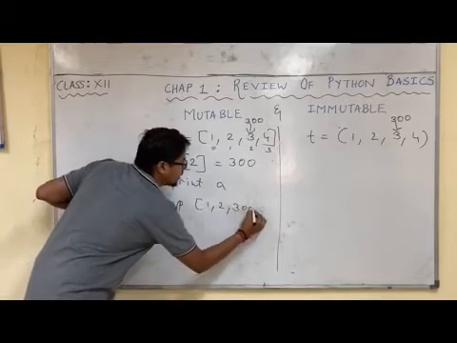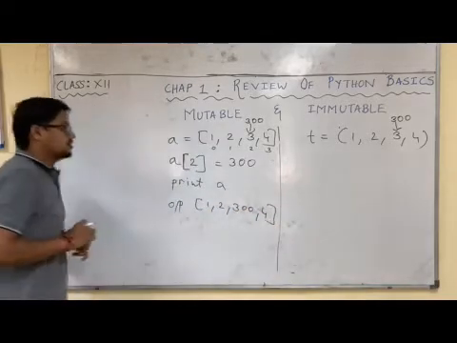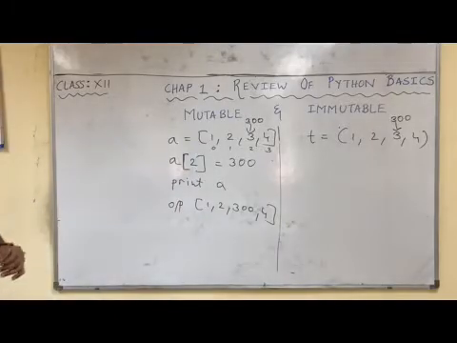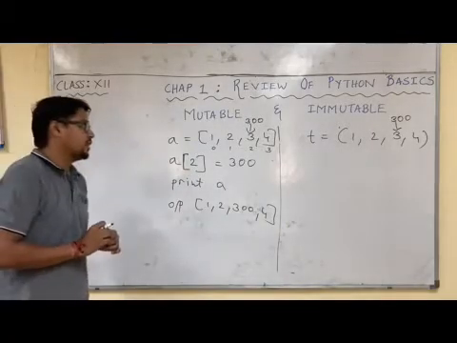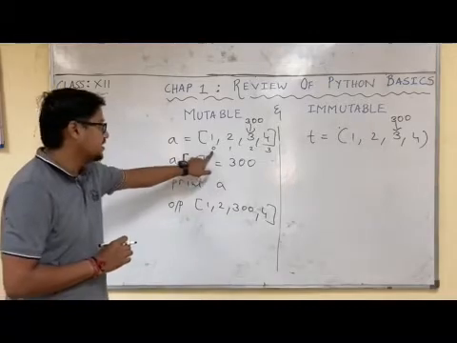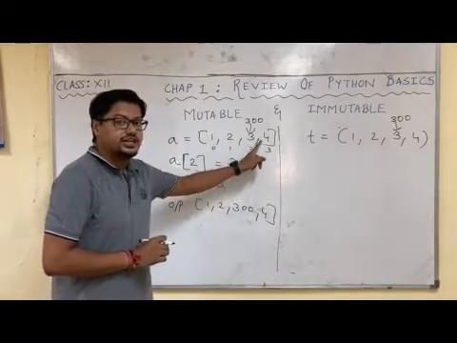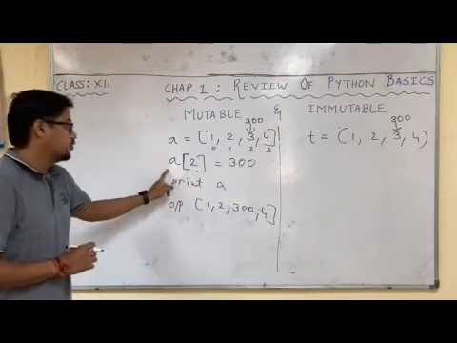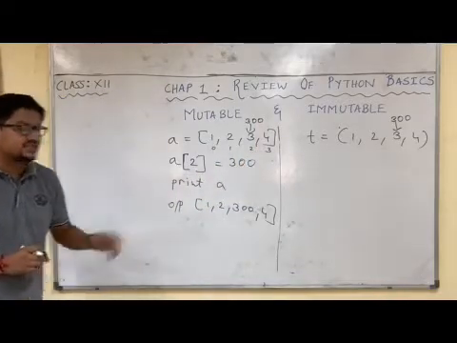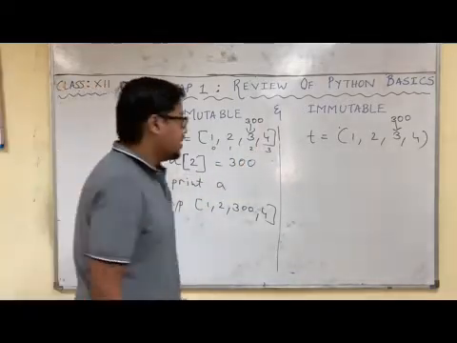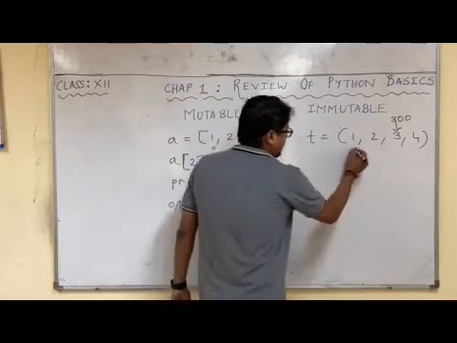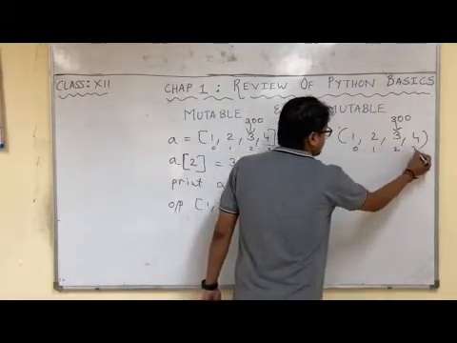Now if we are printing our list, we will get the output 1, 2, 300, 4. Okay, this is how the values of a list can be changed. That is, list is of mutable type. Remember this traversing: we are starting with 0, 1, 2, 3. We wanted to change 3 into 300, so we took the index of 2 and we changed it into 300. Now students, if we try the same with a tuple, remember indexing is also the same in a tuple.